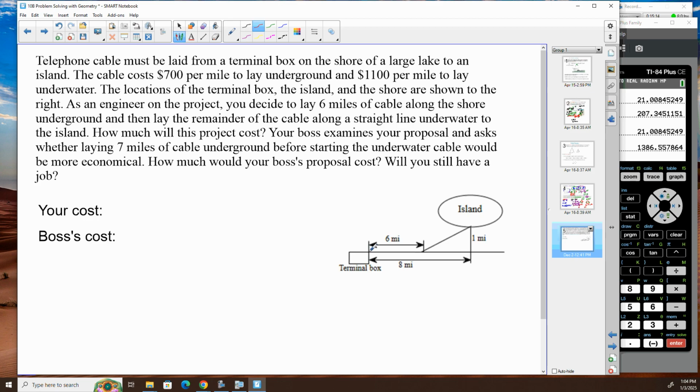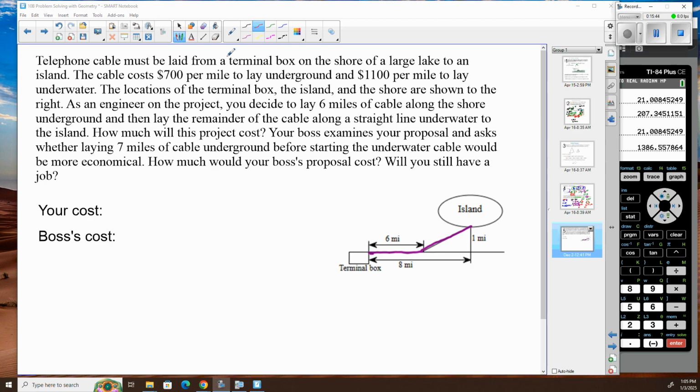So it looks like, so straight that way and then straight up to the island. That's going to be your path. Your boss examines your proposal and asks whether laying 7 miles of cable underground before starting the underwater cable would be more economical. How much would your boss's proposal cost? Well, you still have a job, so were you better than your boss, basically?